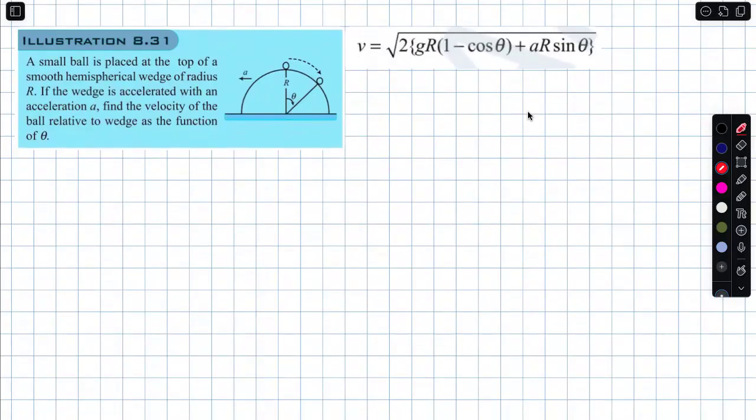Question 8.3. A small ball is placed at the top of a smooth hemispherical wedge of radius capital R. If the wedge is accelerated with an acceleration A, find the velocity of the ball relative to the wedge as a function of theta. So remember, we are working till contact is maintained.